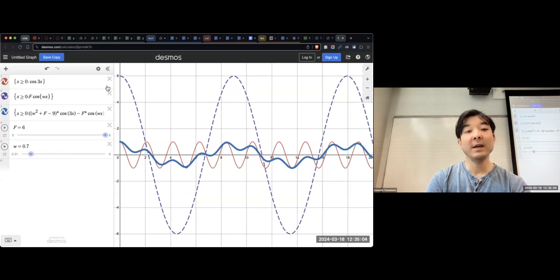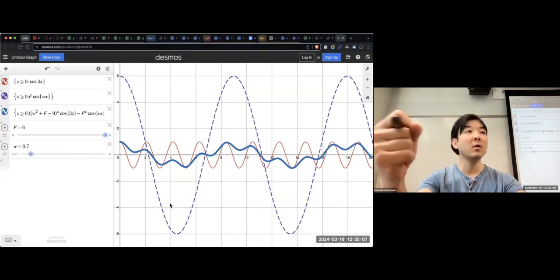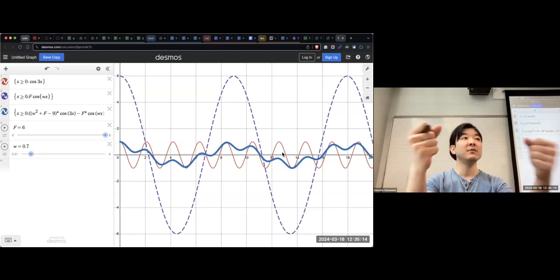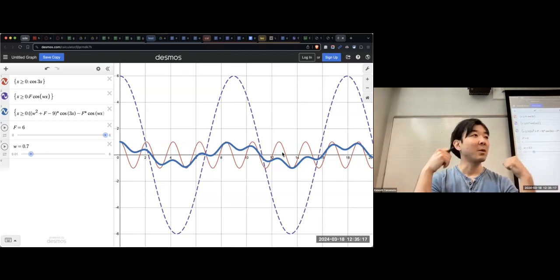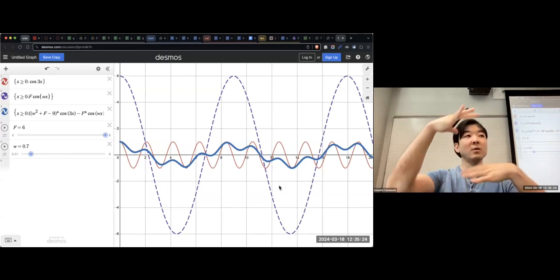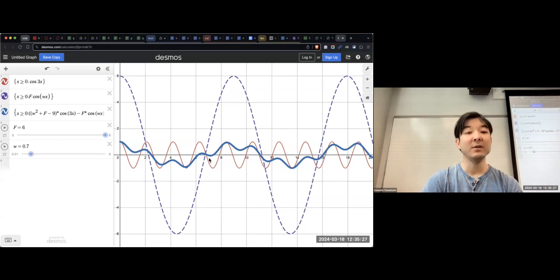So this one is like saying I'm going to vibrate very slowly. The object is vibrating at this red frequency, but let's say I'm shaking it very slowly. That's like the purple right now. If you look at the blue, there are two sort of scales to it. I don't know if the right word would be a large macro vibration, where the blue is shaking at the same shape as this purple.